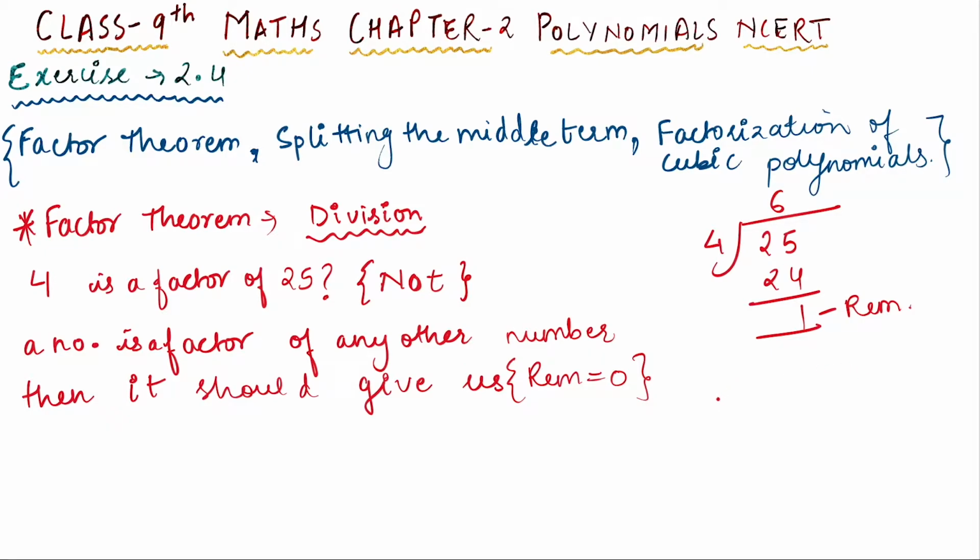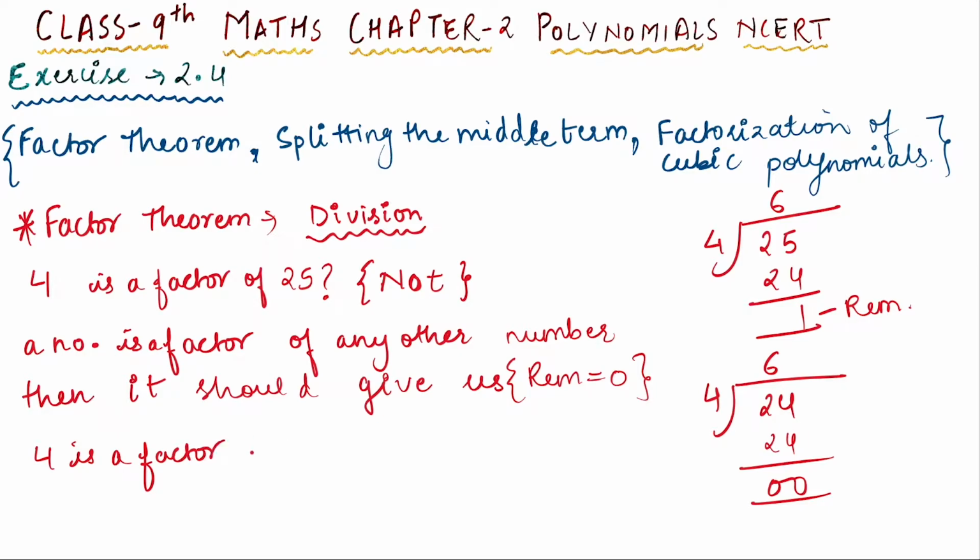So if I take 24 instead of 25, what will we do? We will again select 6 because 4 times 6 will give us 24 and we'll be getting remainder as 0. Now this time can I say 4 is a factor of 24? Then everybody knows yes. Okay. So for any number to be called as a factor, it should give us remainder 0.